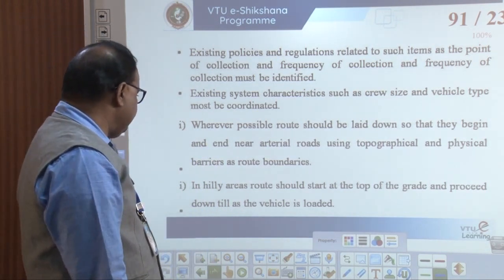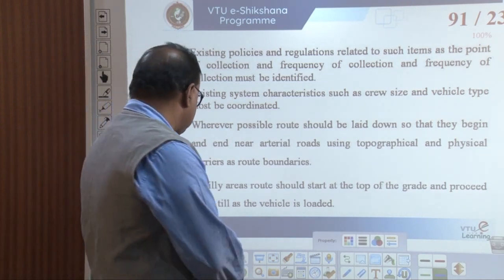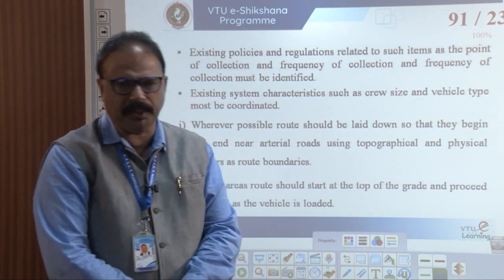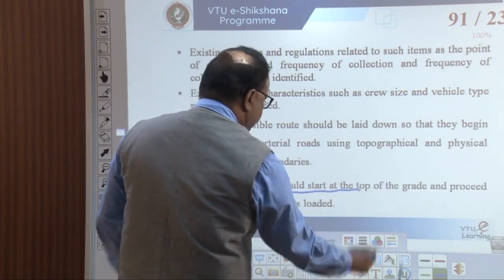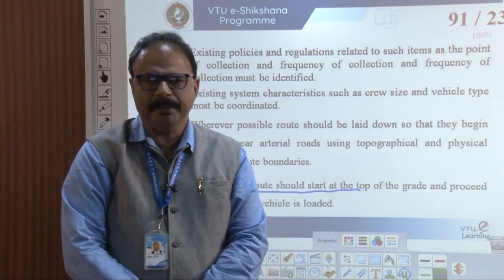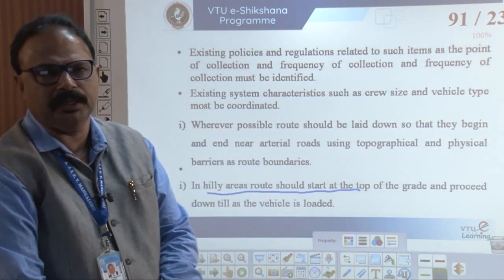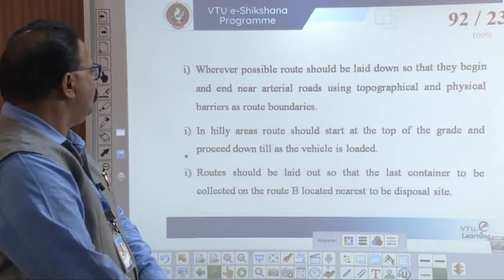Next point, very important: in hilly areas, routes should start at the top of the grade and proceed down until the vehicle is loaded.